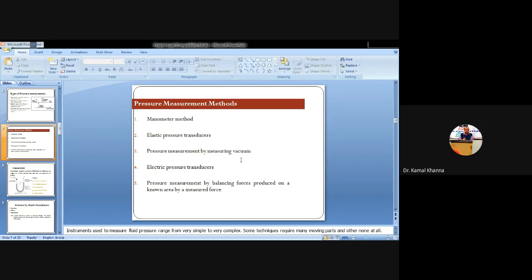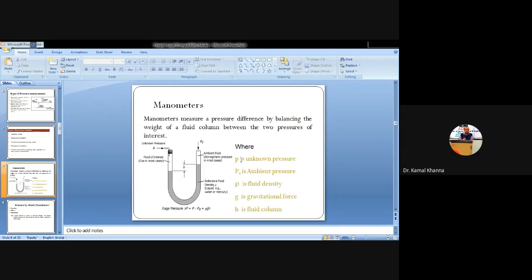A manometer is just like a U-shaped column. You can see in the diagram, we will attach this column at one end, and the other end will be at atmospheric air. Whenever we are measuring the pressure when the fluid is flowing or when the fluid is at rest, we attach that one end, where the arrow of P is here.